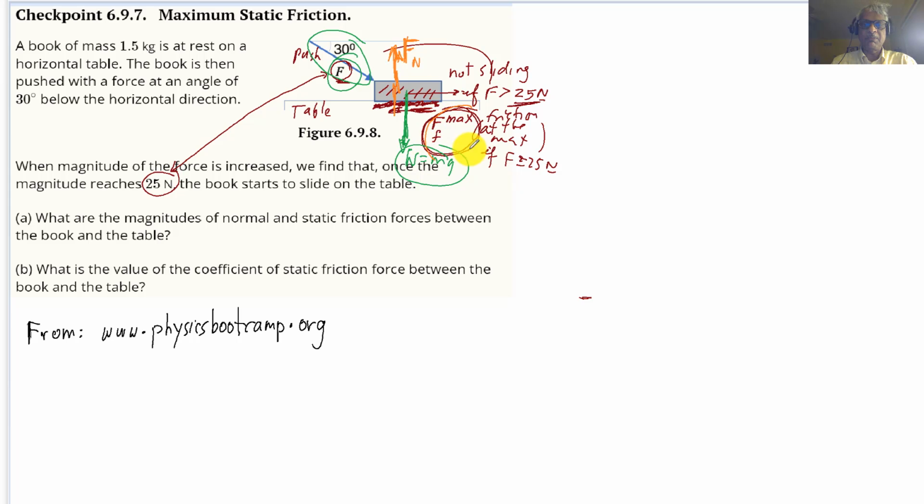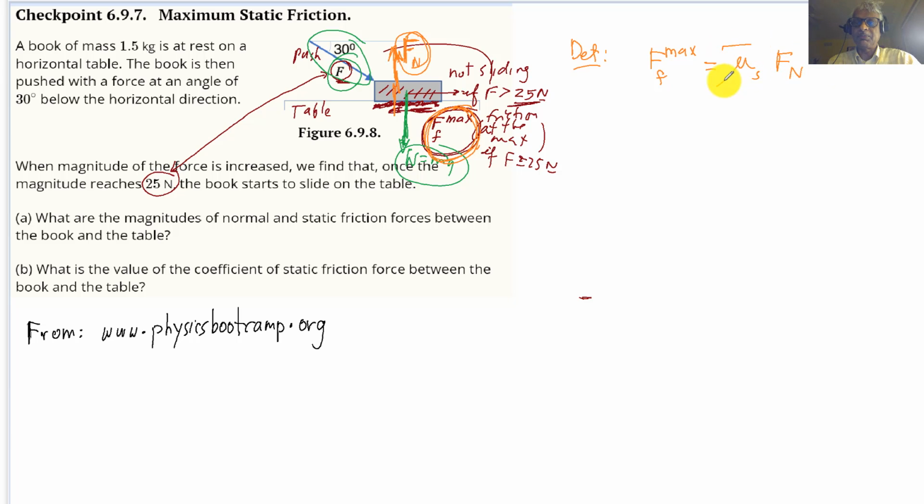When you are at the max, you can write this magnitude as proportional to the normal force. This is a definition that you need to know: not at other friction, but when I'm at the max, I can write this as some coefficient of static friction times the normal.